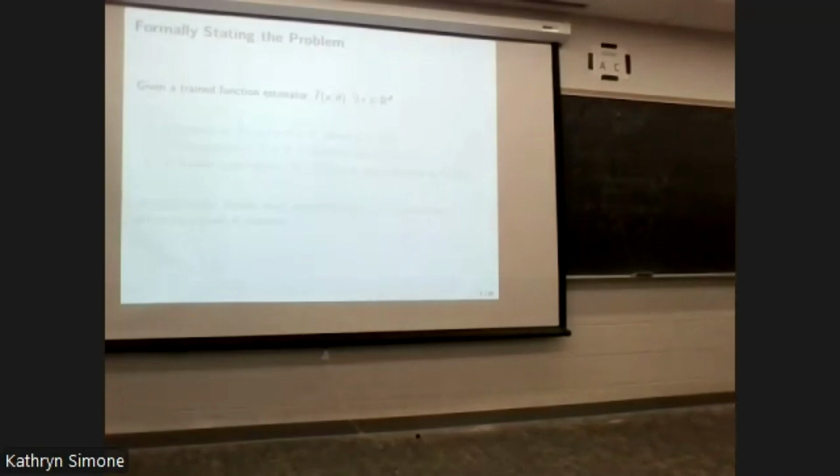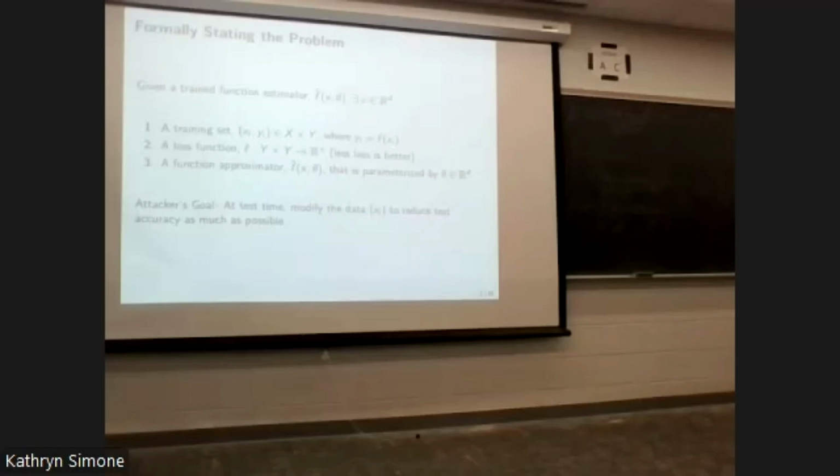So again, we've got our trained function estimator. We have a training set, as we had before. We have a loss function, and we know that our function approximator is parameterized by theta. Our goal at test time is to modify one or more, but we'll just think about one point from the data set, to reduce our test accuracy as much as possible. This is what's called an untargeted attack.